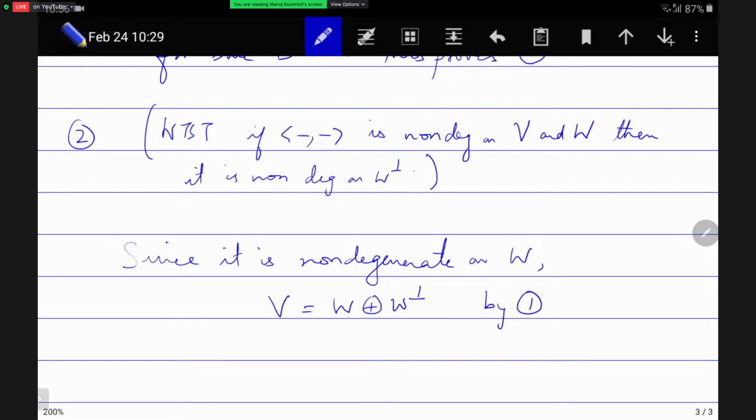Now we have to use that it is non-degenerate on V and therefore also on W perp.